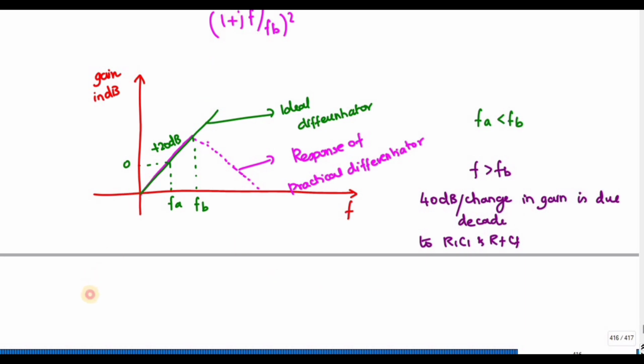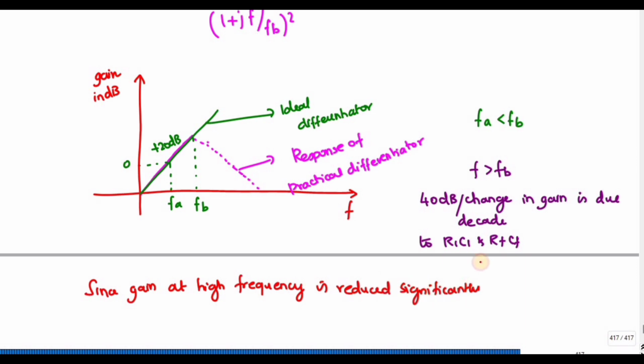Okay, so since the gain at high frequency is reduced significantly, thereby it will avoid the stability problem and high frequency noise.